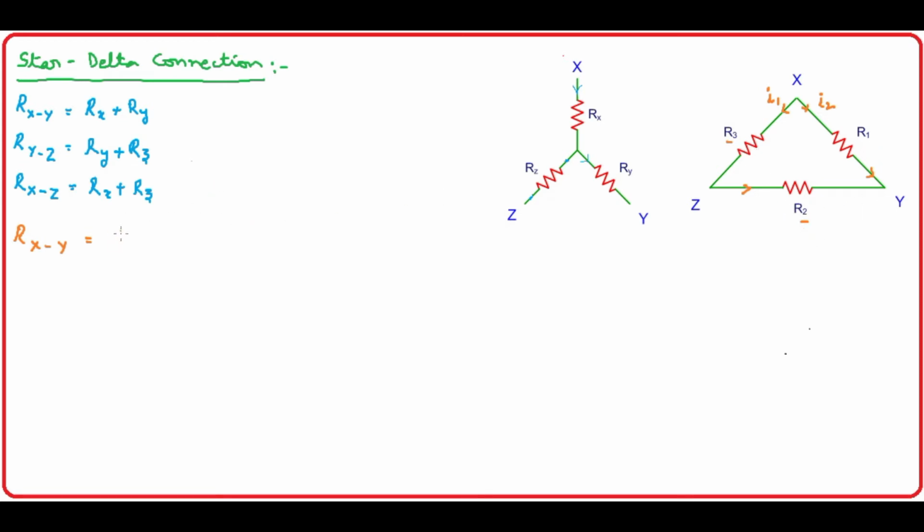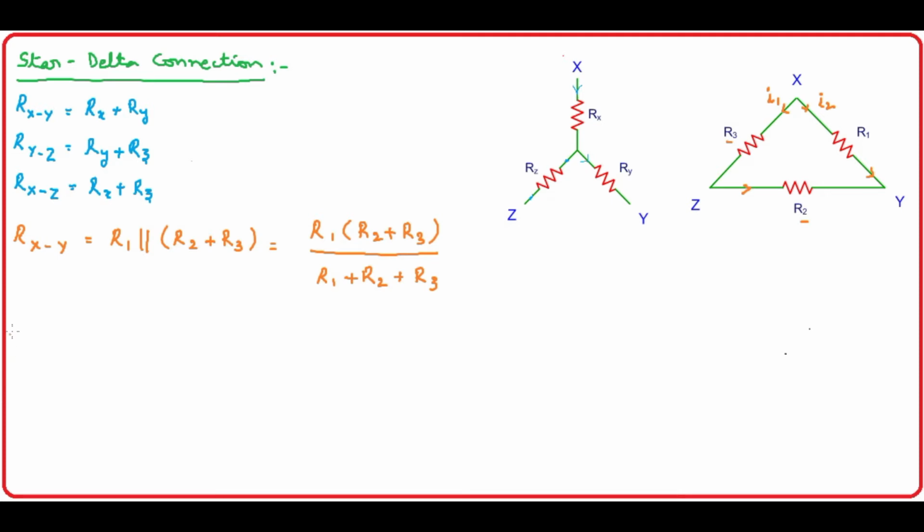So R1 is in parallel with the series combination of R2 and R3. I am simply writing the equivalent resistance directly. So this will be equal to R1 into (R2 plus R3) divided by (R1 plus R2 plus R3).